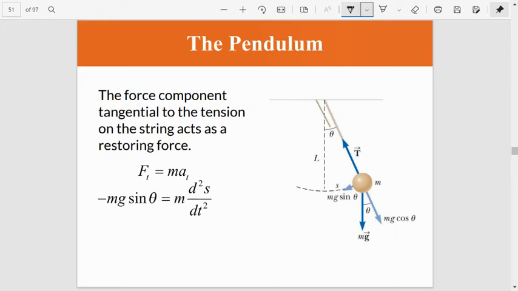Now, the way the pendulum works is that the beam connecting it to a hinge or a ceiling, or the rest of, say, a grandfather clock, provides a tension that counteracts the weight of the bob, and there's always a component of the weight of the bob, mg, that's perpendicular to the tension on the string.